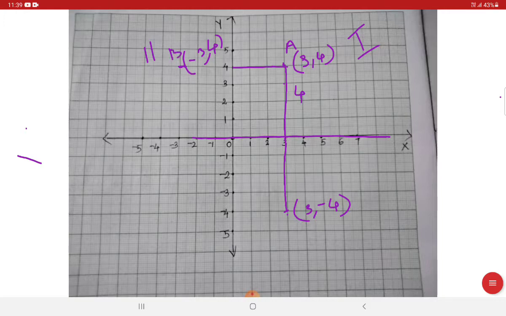Let it be B. And the mirror image of this point A about the x-axis is in the fourth quadrant, C. So these are the mirror images of A: B about the y-axis and C about the x-axis.